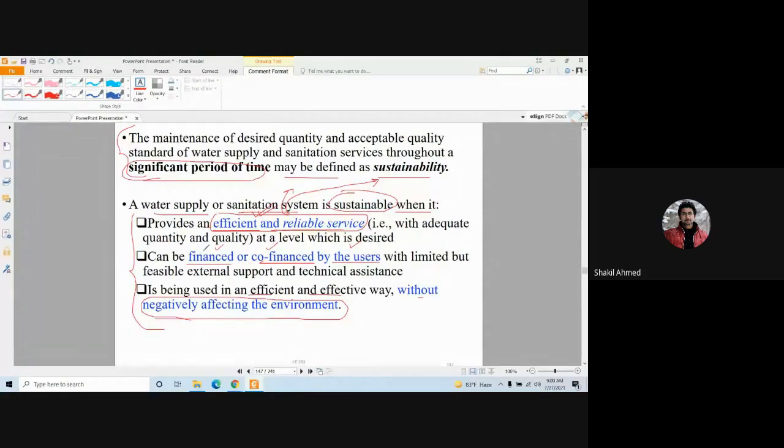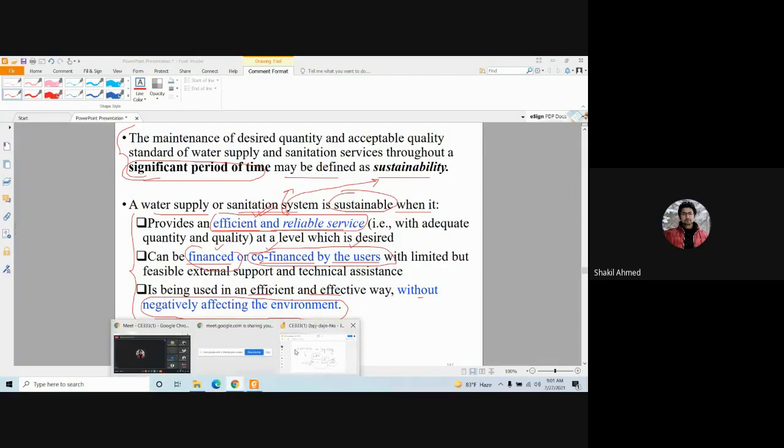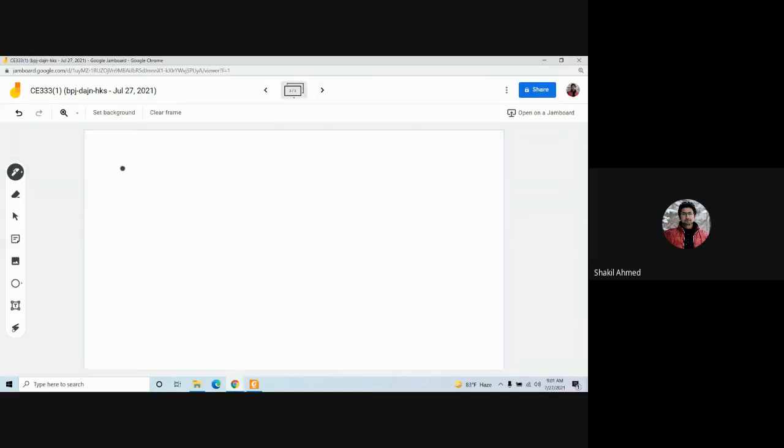Number two, can be financed or co-financed by the users. Different communities have different types of income. You may have a low income community, you may have a high income community.